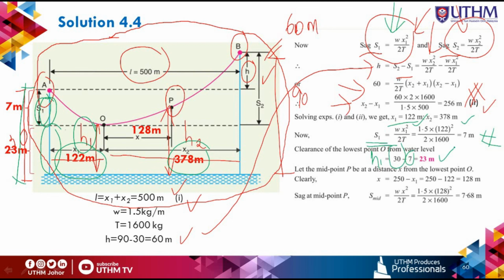So H1 is equivalent to 30 minus 7, and you get 23 meters.